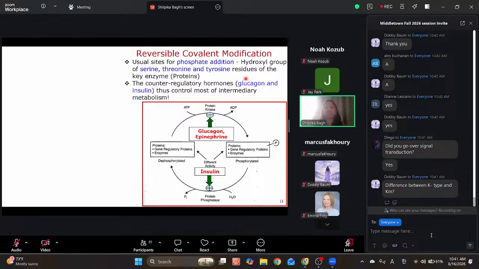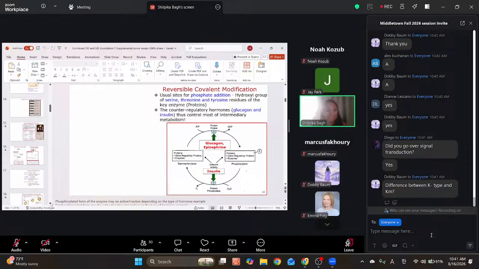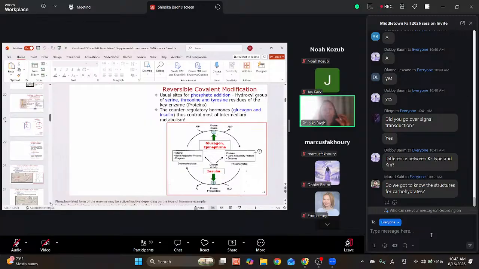K-type and V-type is for allosteric enzymes, right? Because allosteric enzymes do not have a KM, but just like any other inhibition, do the inhibitors attach to the enzyme and alter their kinetics?